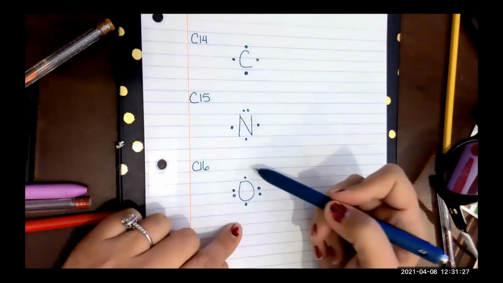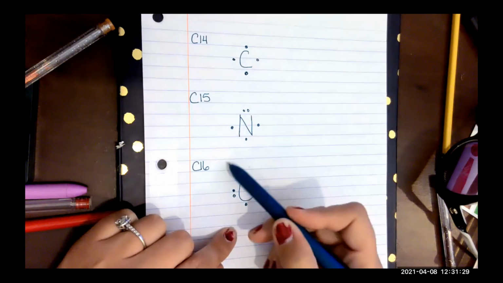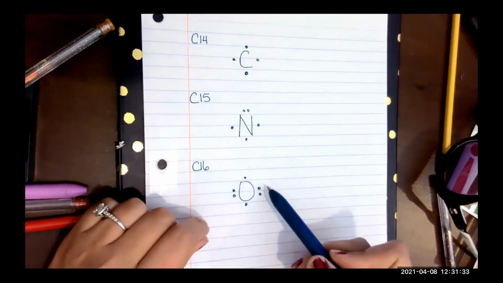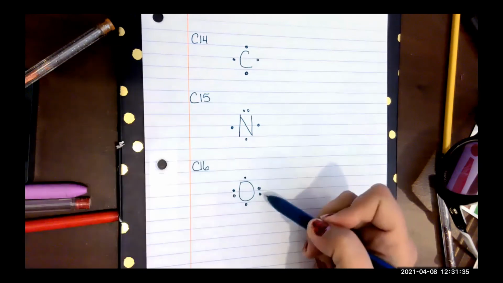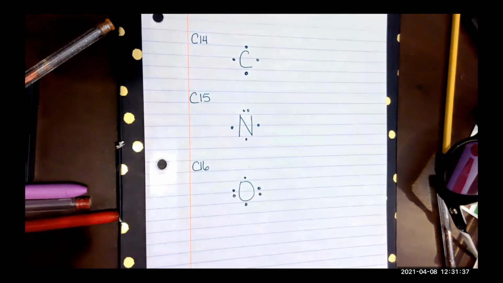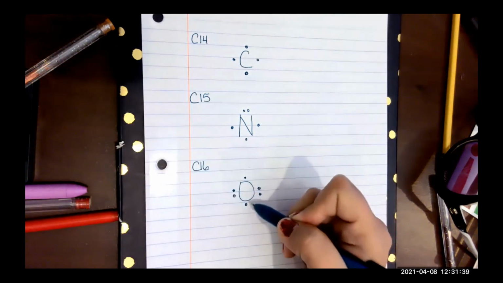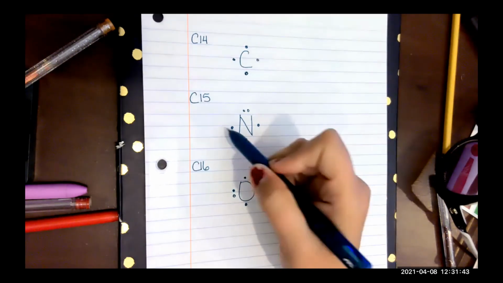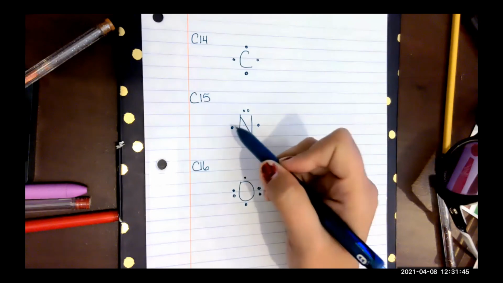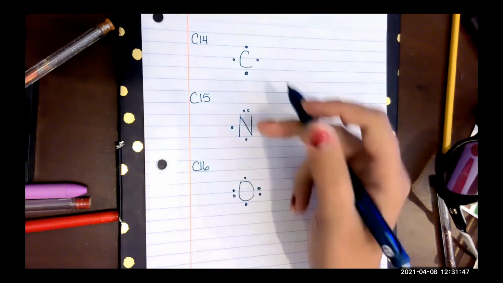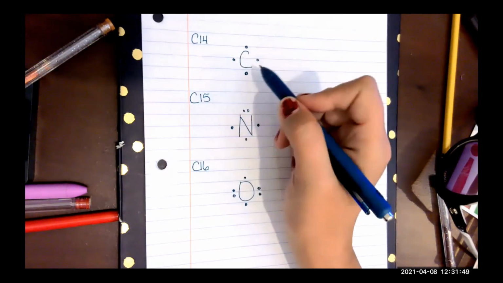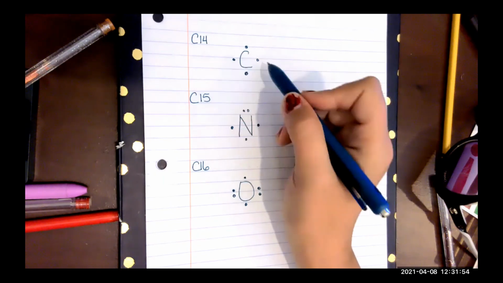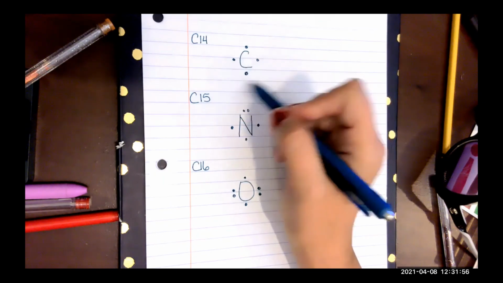That means it has a bonding potential of 2, a Lewis valence electron count of 6, but these 2 over here are closed, which means this can really only bond to 2 other things or make 1 double bond. This can bond to 3 other things, make a double and a single bond or a triple bond. This can bond to 4 other things, so it can be a triple and a single, 2 doubles, or 4 singles. So there's a lot of these different potentials.